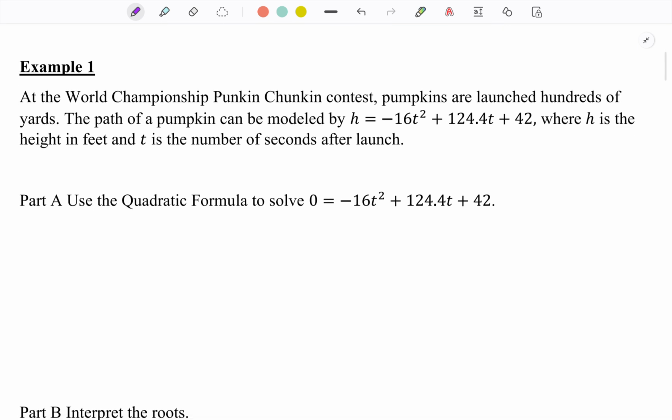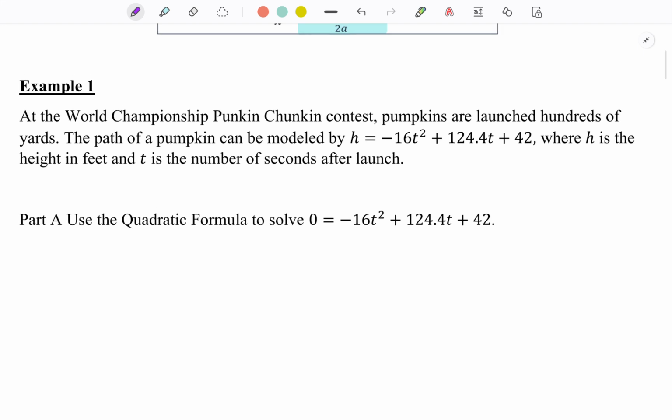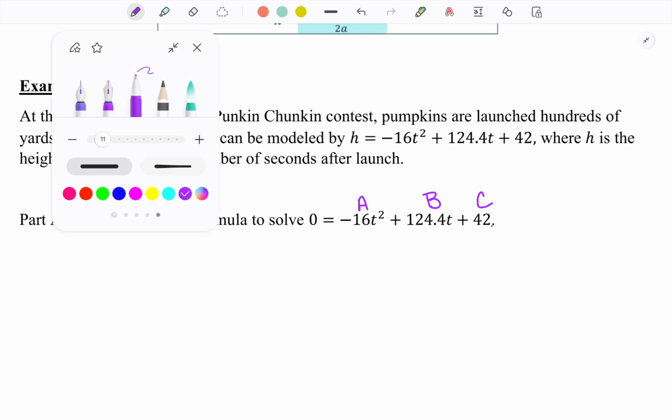So we are going to use the quadratic formula to solve 0 equals that equation. In this case, our a is negative 16, our b is 124.4, and our c is 42.